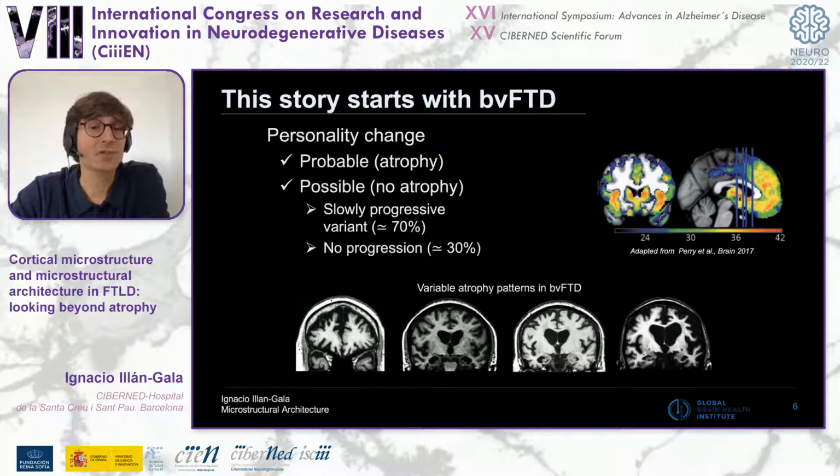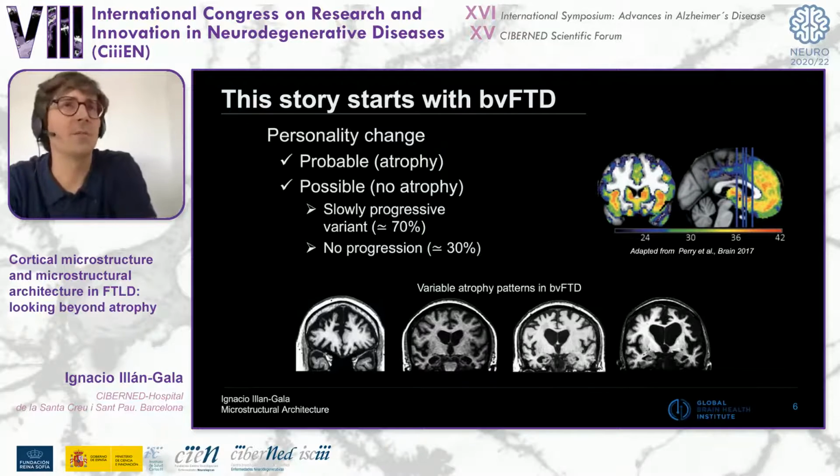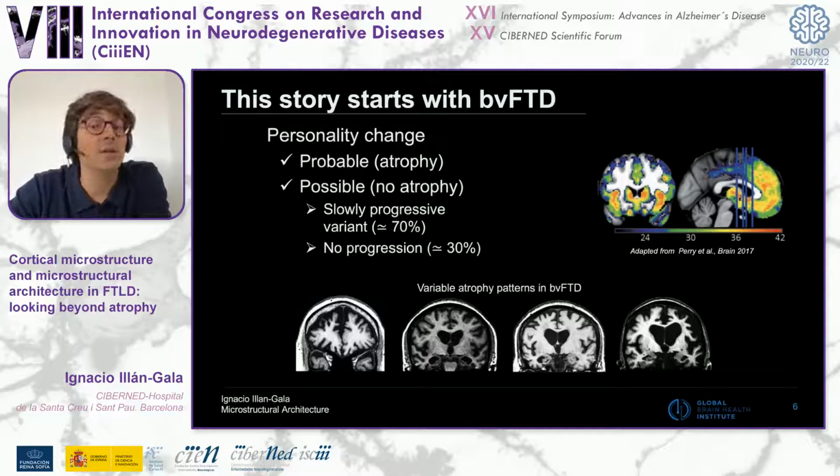I started with the most common clinical presentation of frontotemporal lobar degeneration, the behavioral variant of frontotemporal dementia. This is a fascinating syndrome where patients show a progressive change in their personality with a relative preservation of cognitive function. But BV-FTD is a very heterogeneous clinical syndrome, and in accordance with this clinical heterogeneity, the pattern of cortical atrophy is also very heterogeneous.